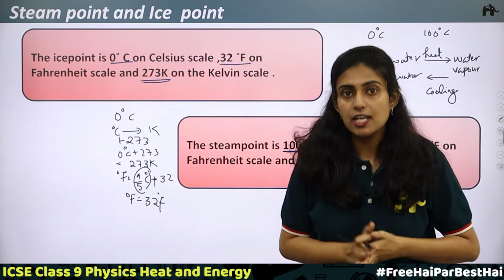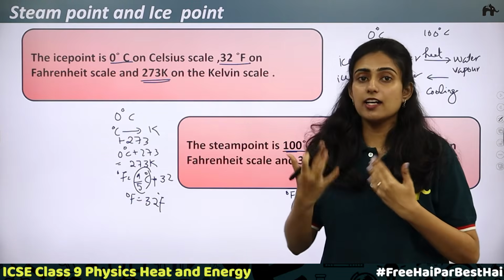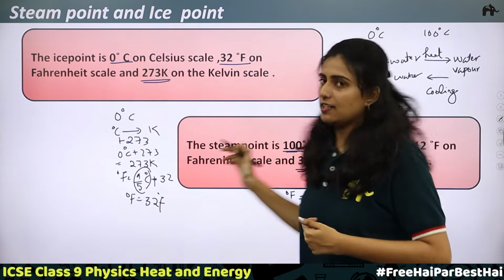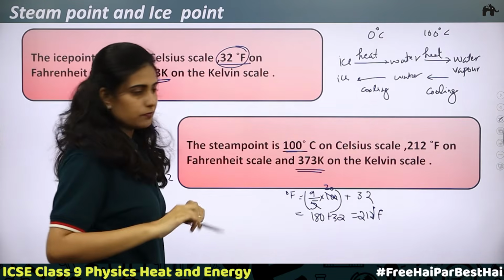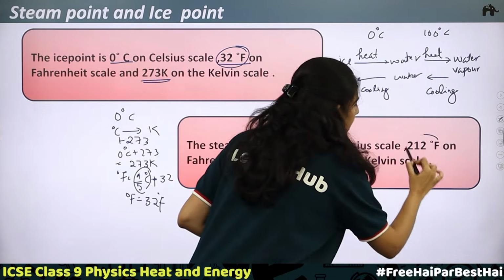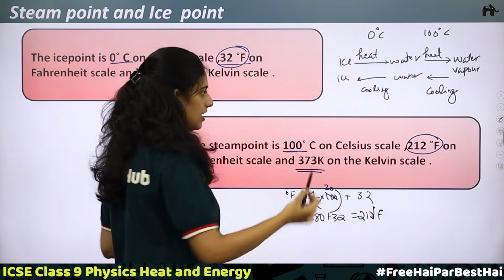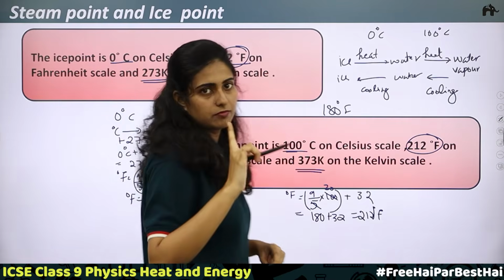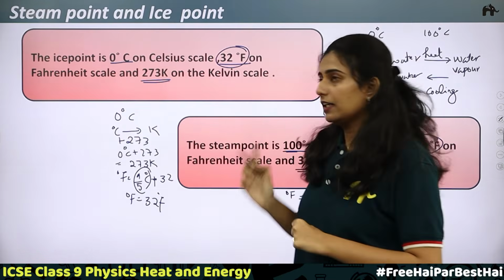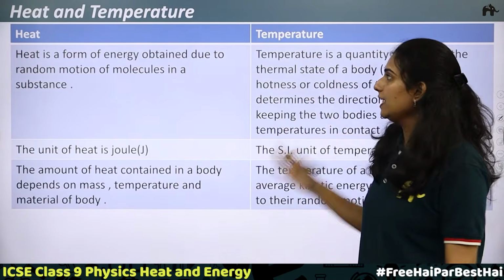What is the difference here? Again, the difference is 100 Kelvin. What about Fahrenheit? Here it is 32 degrees Fahrenheit and here it is 212 degrees Fahrenheit, so there is a 180 degree Fahrenheit difference in the Fahrenheit scale. Clear?